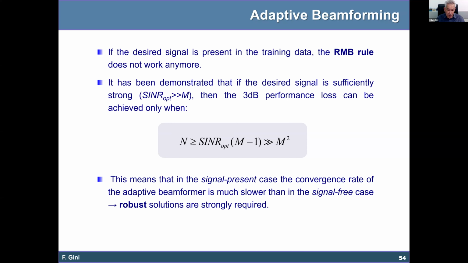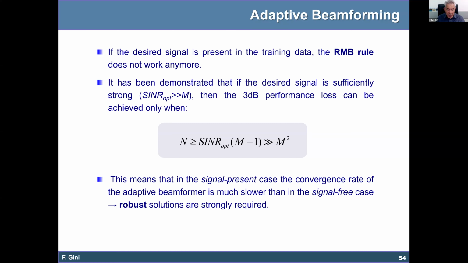So in other words, if your snapshots are contaminated by signal, the convergence to the optimal performance of the clairvoyant detector, of the clairvoyant beamformer, is much, much slower.